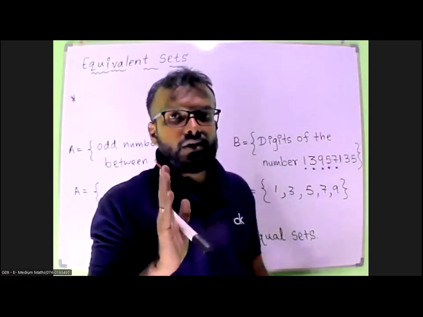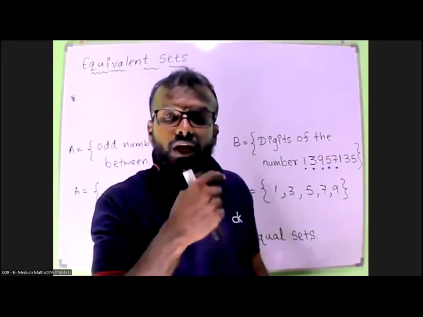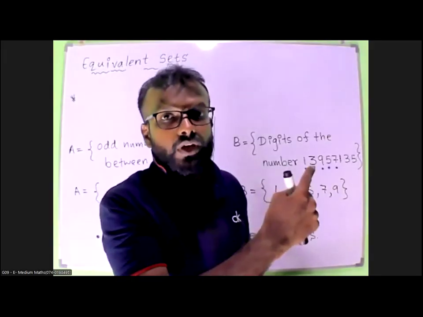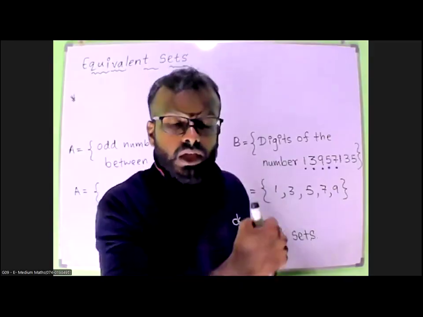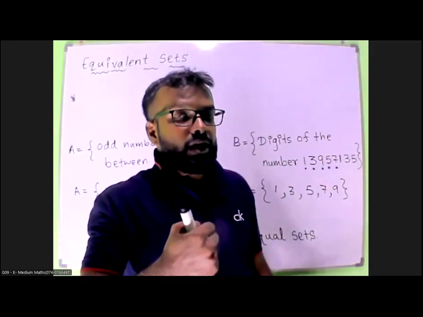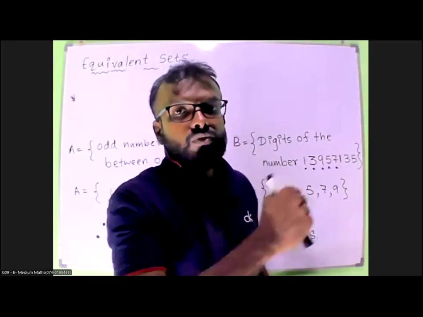For example, the number of elements in set A equals 5, the number of elements in set B equals 5, the number of elements in set C equals 5.